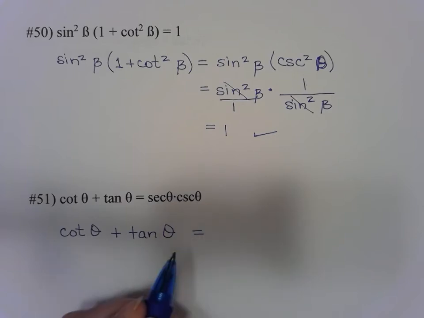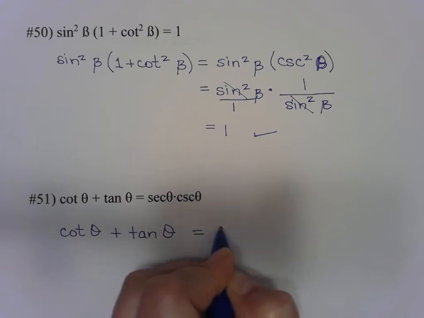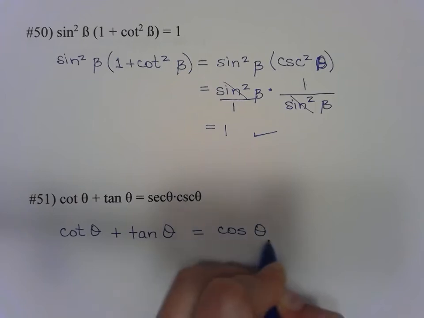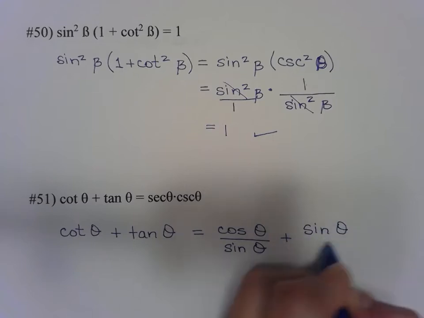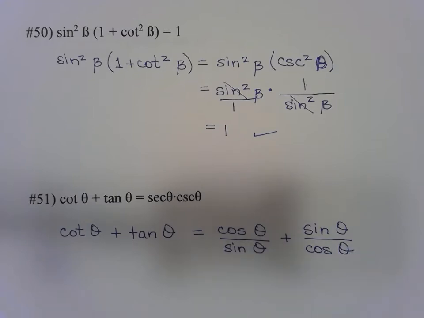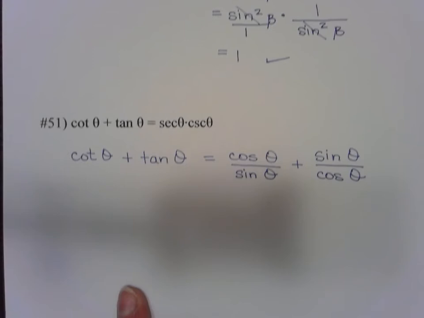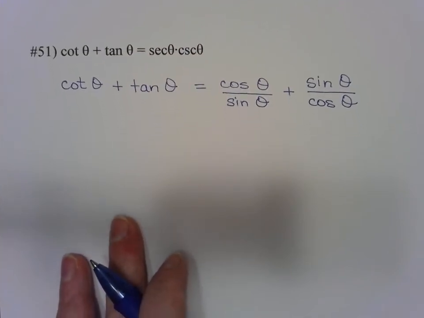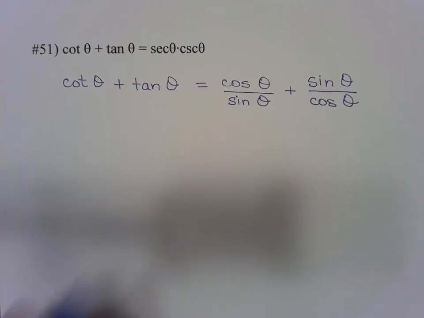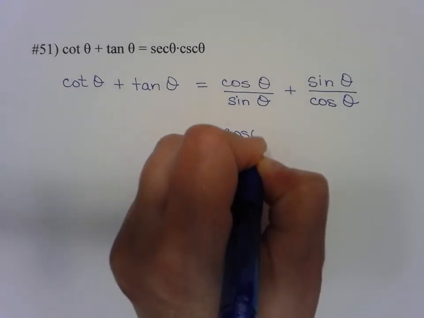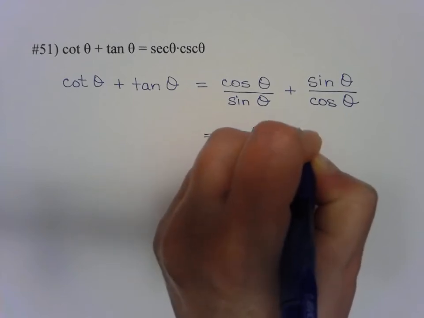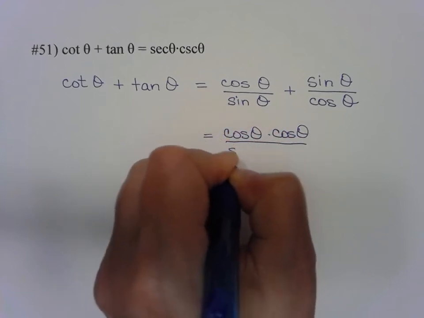The cotangent is the cosine of theta over the sine of theta. And the tangent is the opposite, so the sine of theta over the cosine of theta. Since these are fractions, it might be good to get a common denominator. So I'm going to do that. I'm going to multiply top and bottom by cosine of theta for the first fraction.